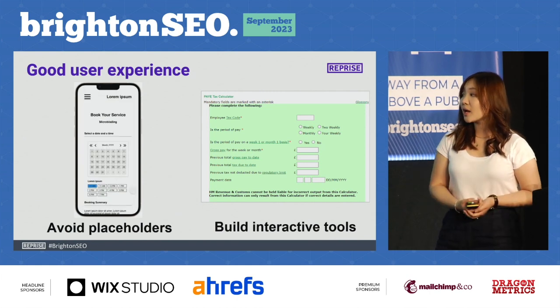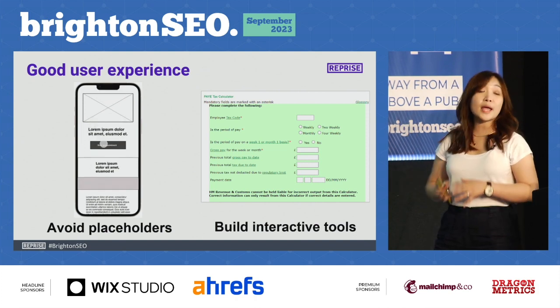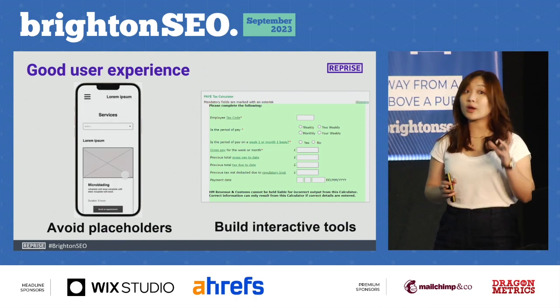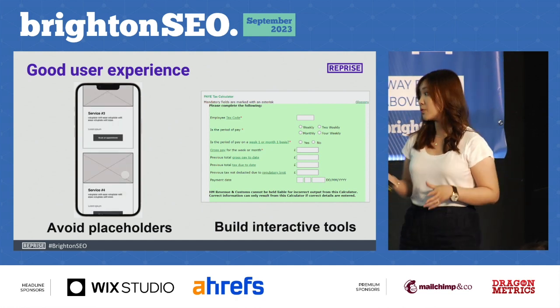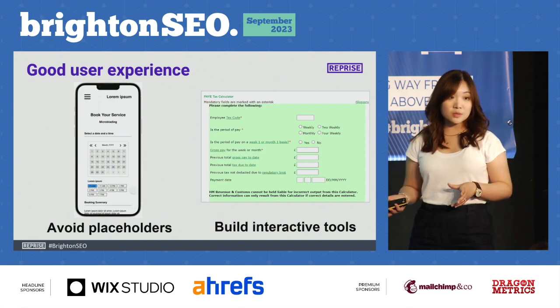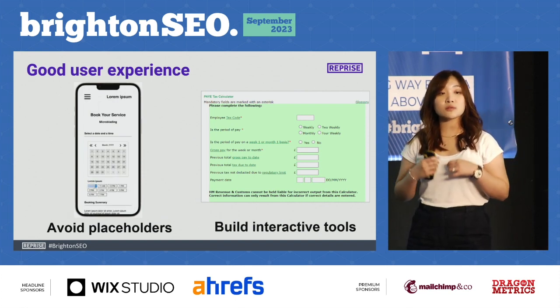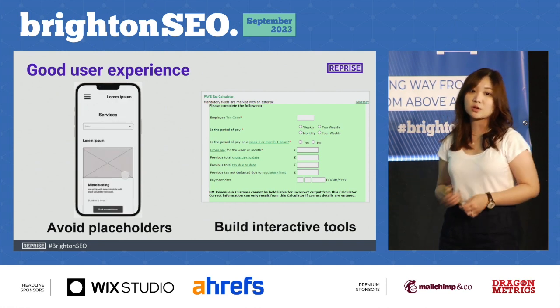The first thing could be a rookie mistake for some people, but just avoid any placeholders of text or images on your website, because it would make your site look unfinished and unprofessional. You could also consider building some interactive tools, because it helps you present your content better to users and also helps users understand and digest your content.